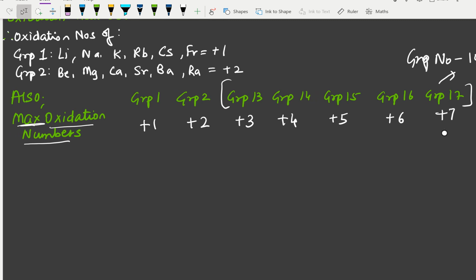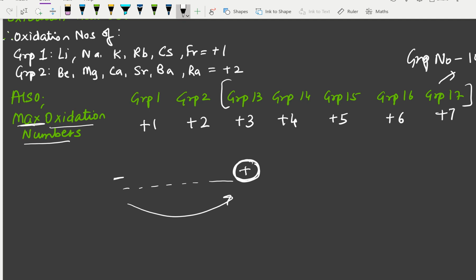Whenever you talk about a range of values, the range is from negative to positive. So obviously when I talk about maximum oxidation numbers, I'm talking about the positive values. Here it means that it is not possible for an atom to lose more electrons than the number of electrons in the outer shell.